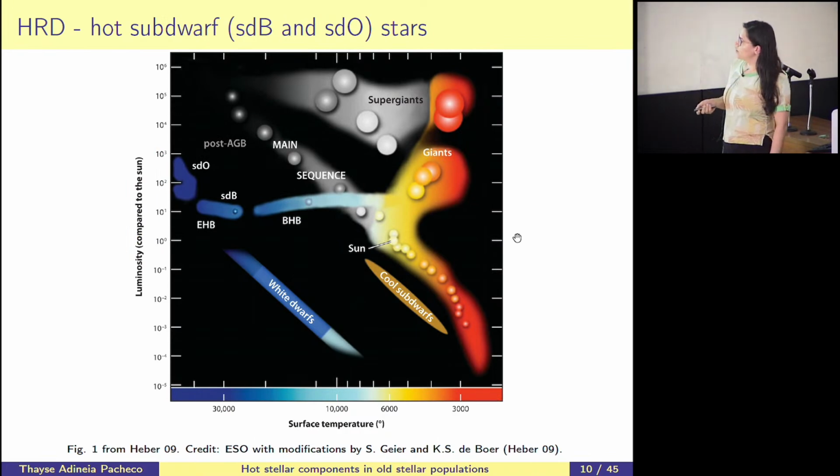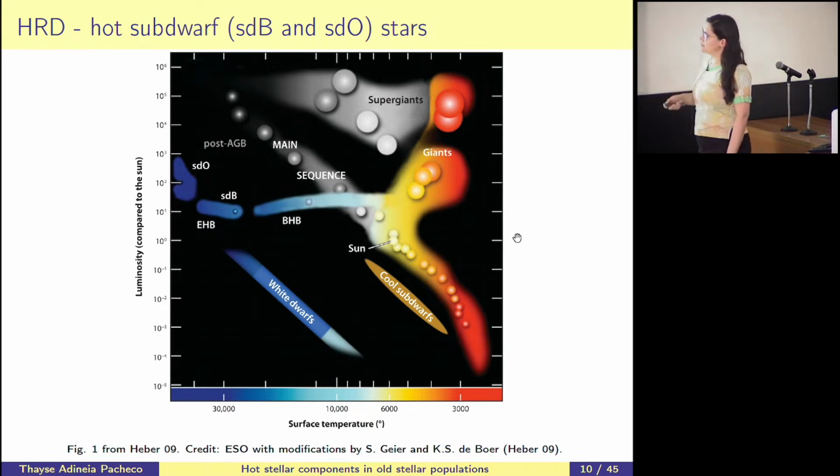So going back to the HR diagram, what are these hot subdwarf stars?